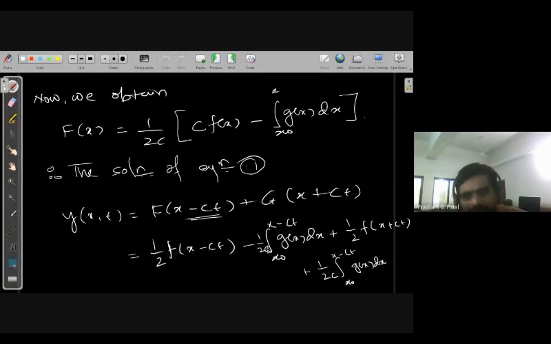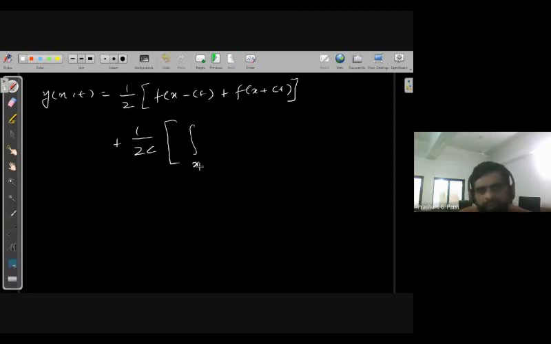Since this minus sign, I will interchange this limit, and that will become plus. So we'll have integral from x minus ct to x0 of g of x dx plus integral from x0 to x plus ct of g of x dx.